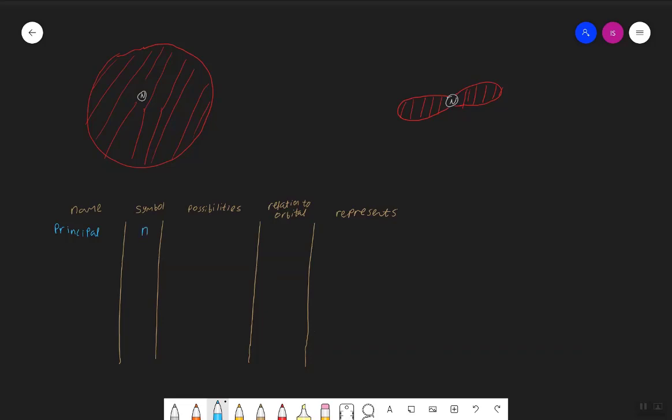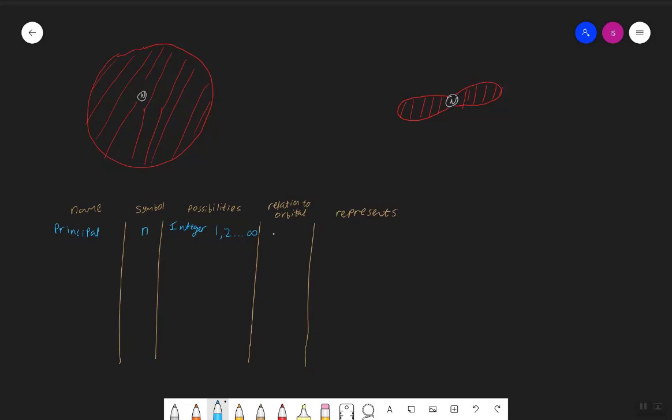It is an integer, and it can go from 1, 2, on and on to infinity. There's no highest value. The highest value we know of in the ground state, the lowest energy level of an atom, is 7, but that doesn't mean it can't go beyond that.